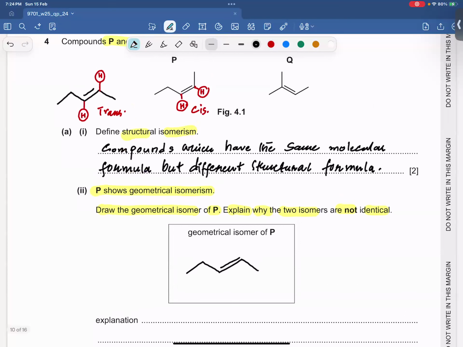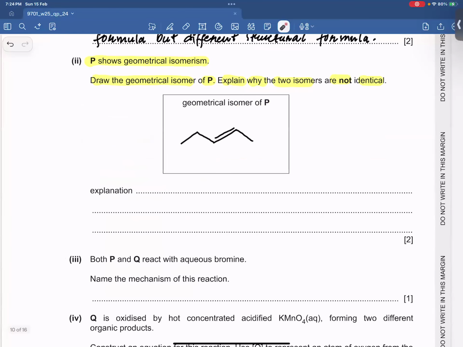Okay. Let me check how many carbon atoms we have. 1, 2, 3, 4, 5. 1, 2, 3, 4, 5. That's correct. Explanation.